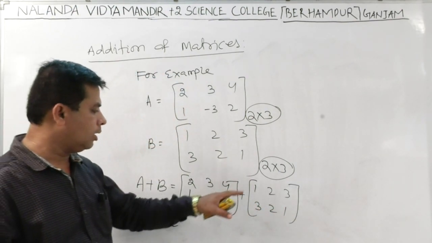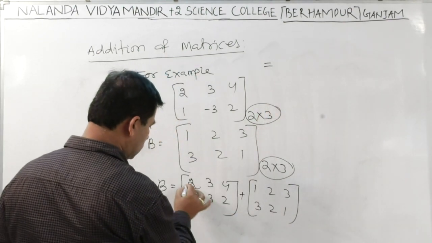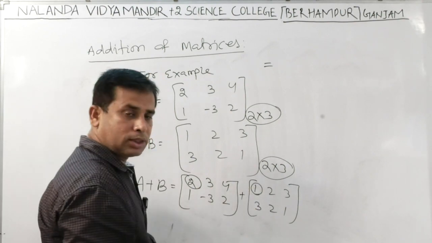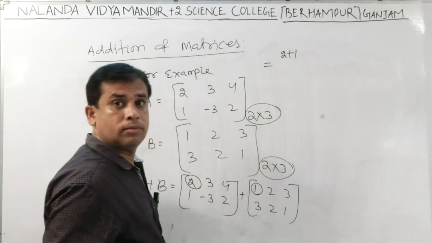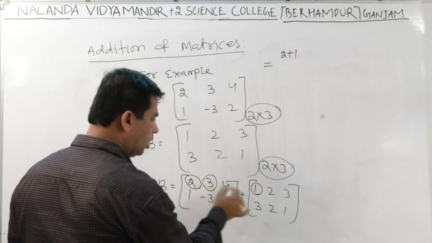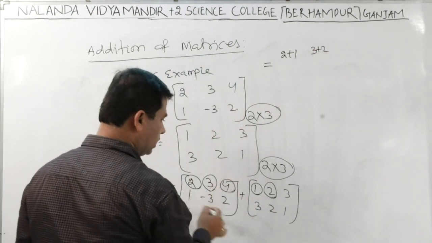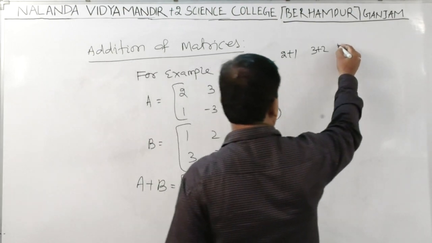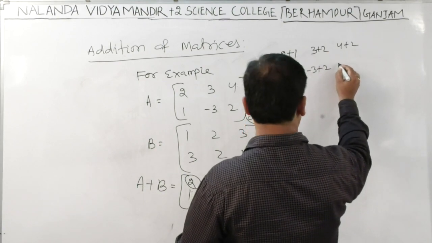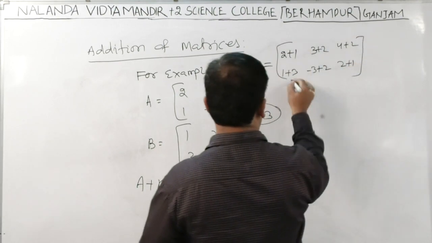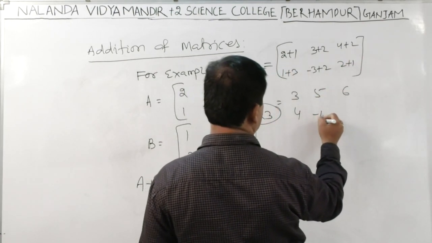After adding A and B, we get our matrix, that is equal to first row first column of A plus first row first column of B, that is 2 plus 1. First row second column, 3 plus 2. First row third column, 4 plus 2. Similarly we can add 1 plus 3, minus 3 plus 2, 2 plus 1. That is equal to 3 5 6 4 minus 1 3.